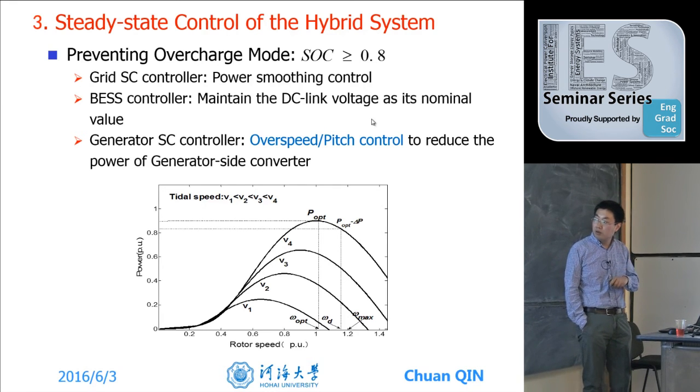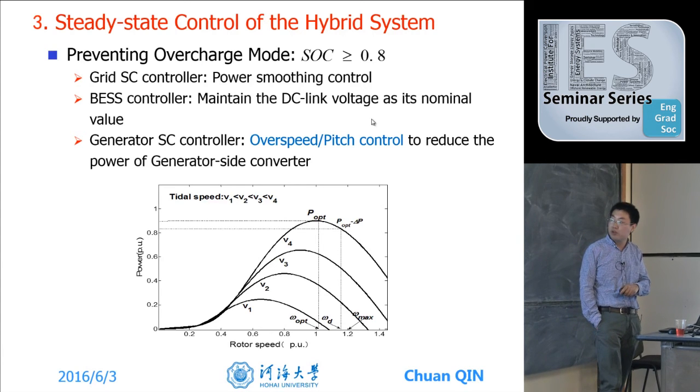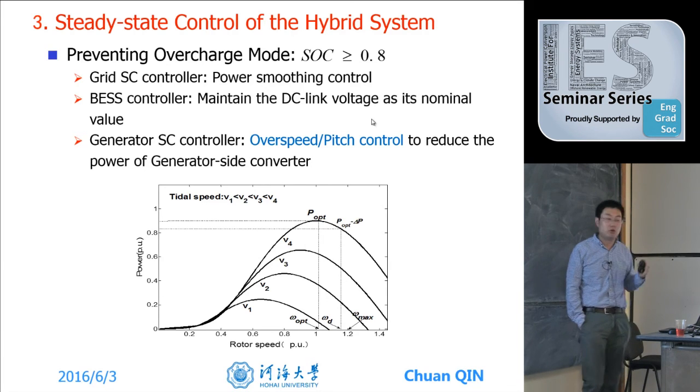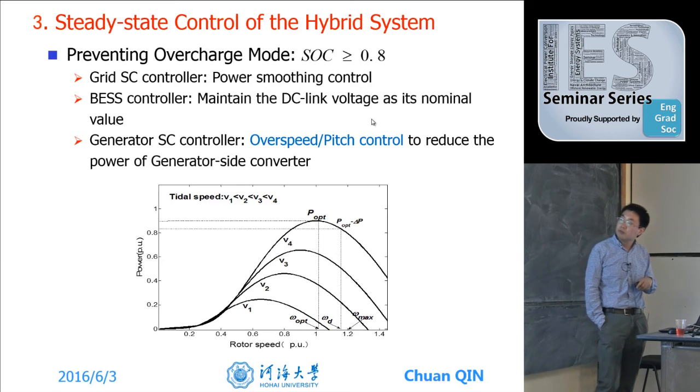You can find the omega optimal corresponds to maximum power, and if we increase the rotor speed, the power will be reduced. So with the power reduced, maybe the battery will not be overcharged.